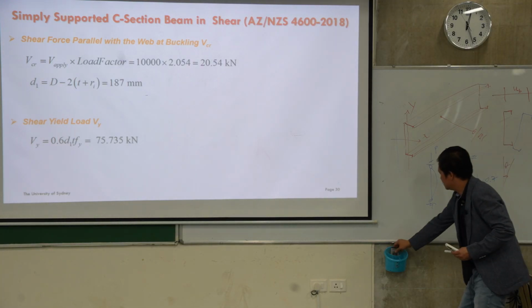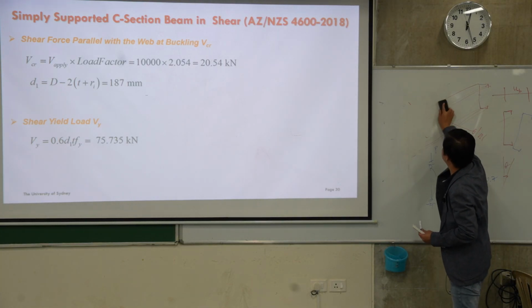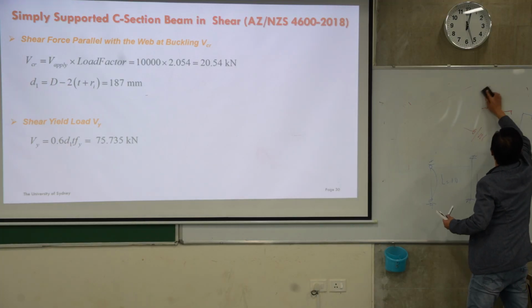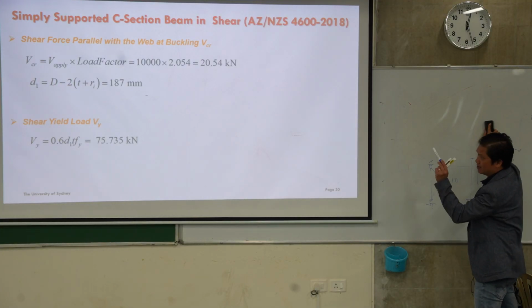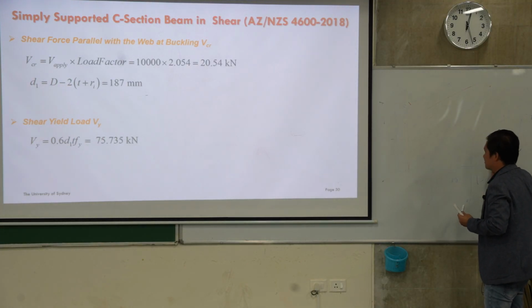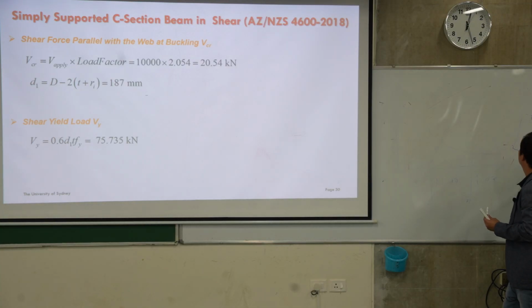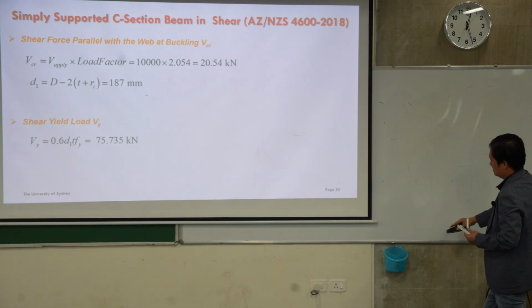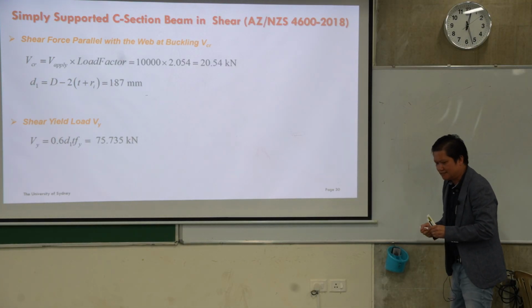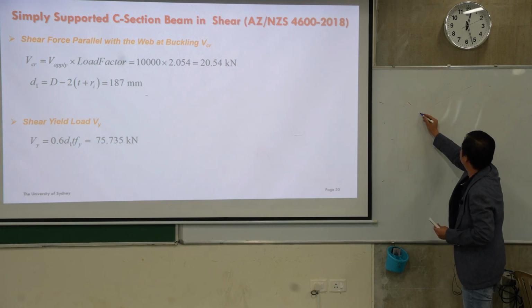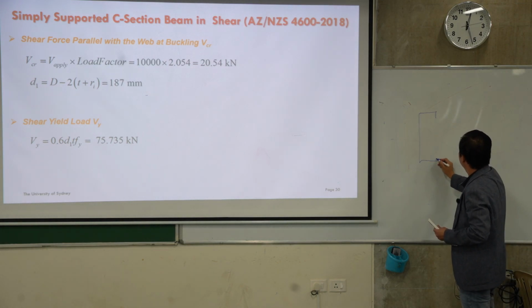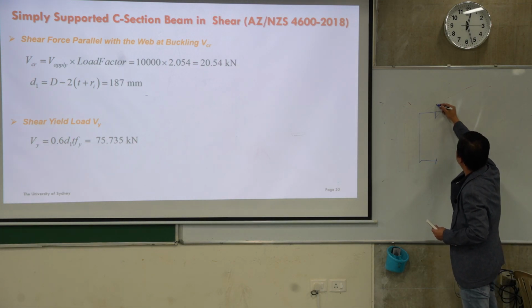And I think we have to use the load factor. It's more accurate to get straight to the buckling load, because working out the stress from shear is a bit tricky. The stress distribution is like this.